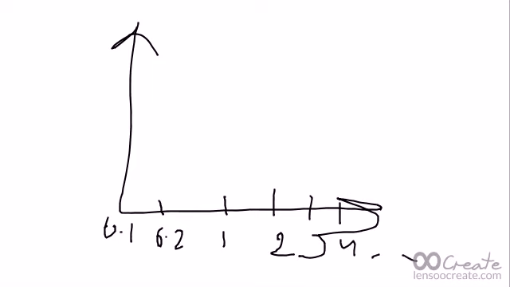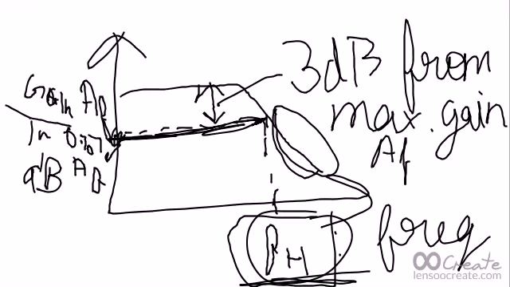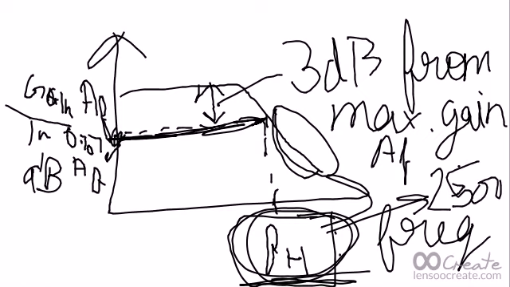So you divide all these frequencies by the critical frequency. Whatever your critical frequency is, you divide all the frequencies by this frequency. This can be anything: 25, 100, 200, anything.